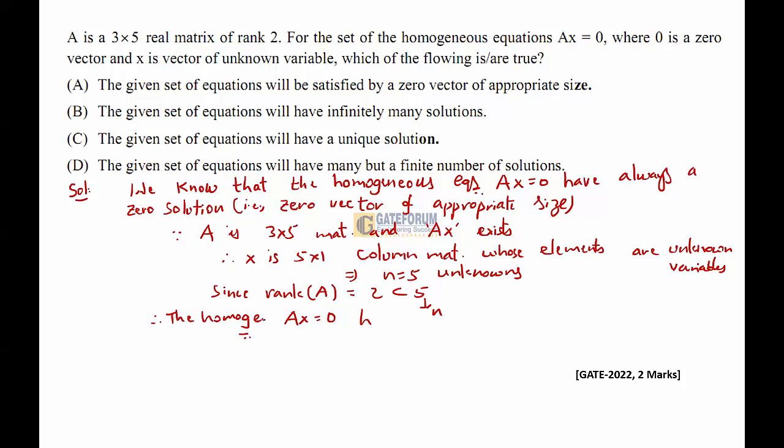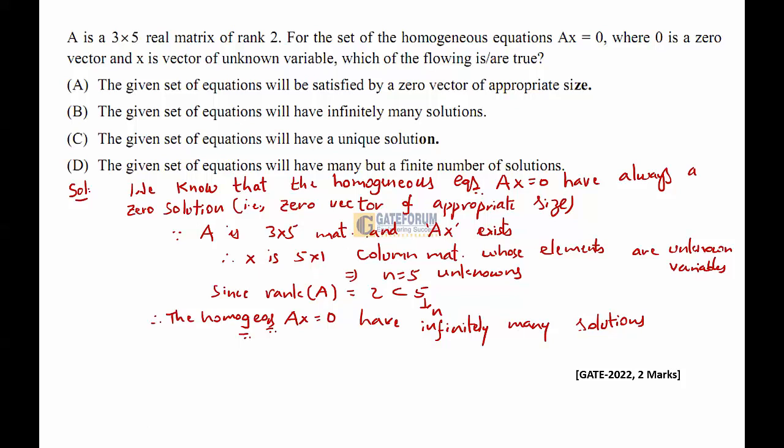Homogeneous equations Ax equal to 0 have infinitely many solutions. Okay. So the dimension of the column matrix is 5 cross 1, which contains 5 variables, that is, n is equal to 5.